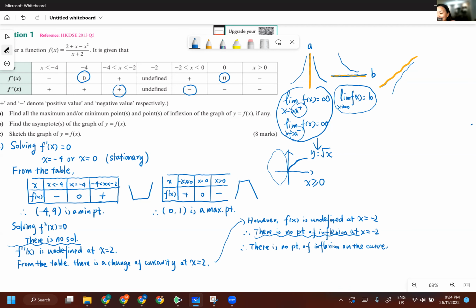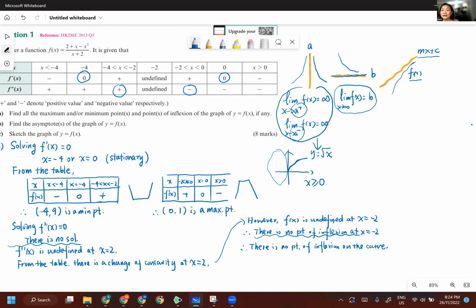Okay, last type. There is a limit, but it's not a simple limit where when x tends to infinity, y tends to a value. It's the limit between this line and this line. Let's say this is f of x, and this is mx plus c. One is a curve and the other one is a straight line.